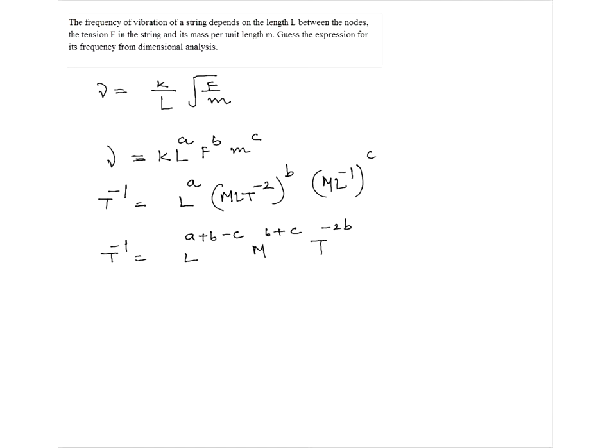And therefore, on the left side, M to the power 0, so 0 should be B plus C. L to the power 0 on the left side, and T to the power minus 1. That means B is equal to half. If B is half, then C is minus B. And now you can find A also. So we have 0 equal to A plus half.